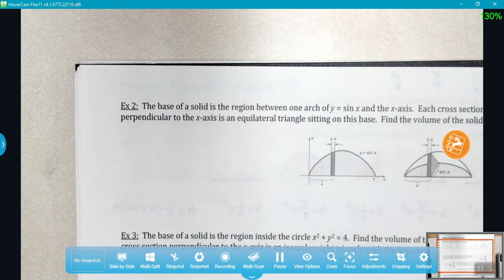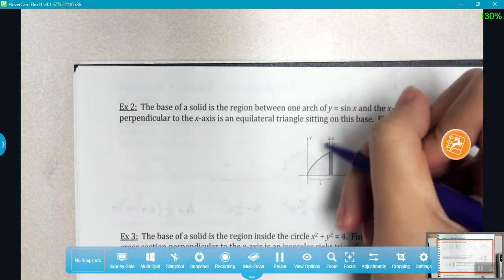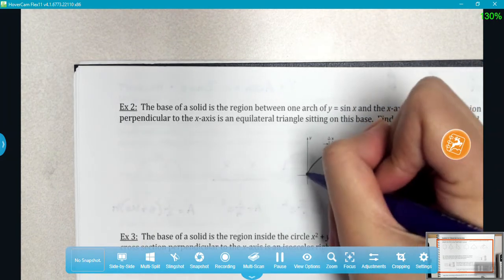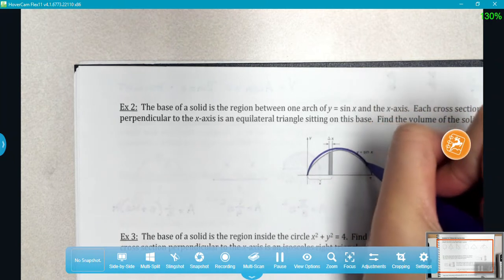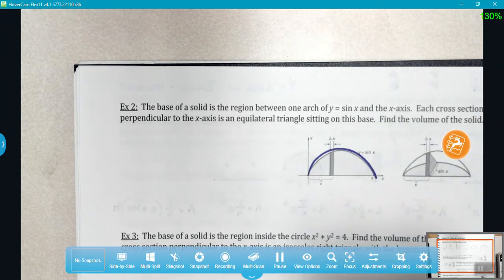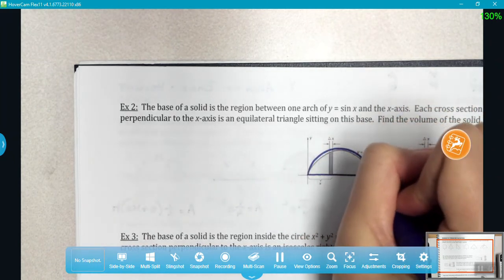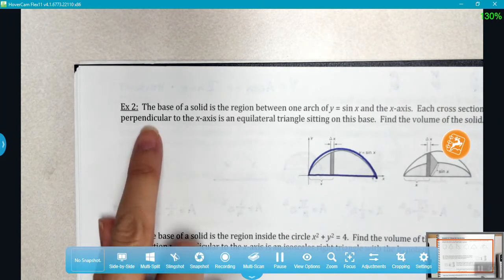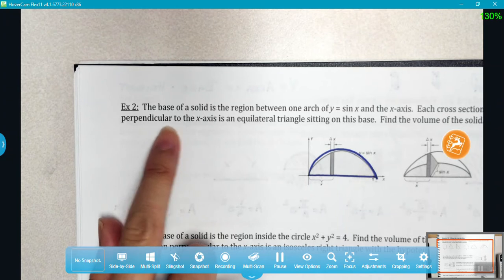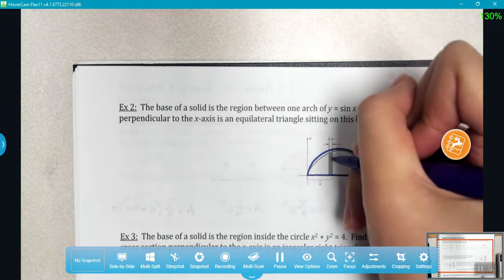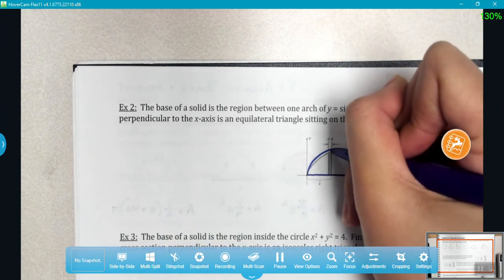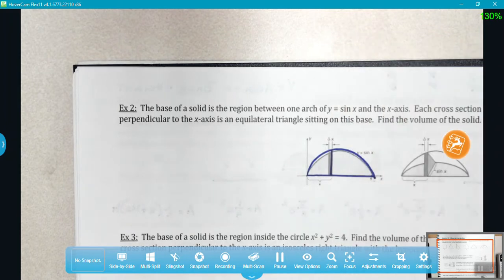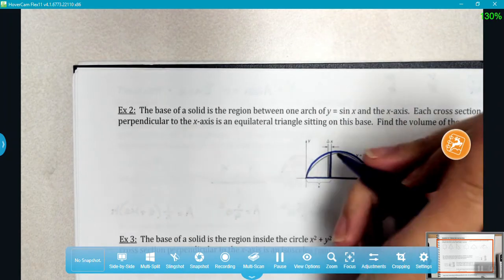All right, this one we have one arc of y equals sine x, so this is y equals sine x, and the x-axis, and then each cross section, it'll tell you what it wants it to do. Perpendicular to the x-axis means they want it to be vertical, and is an equilateral triangle sitting on the base.